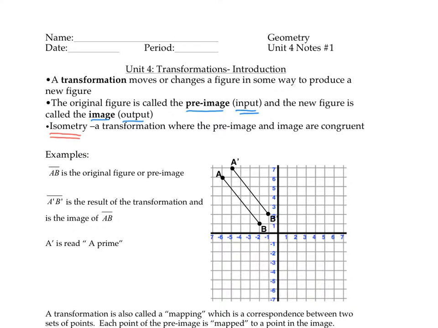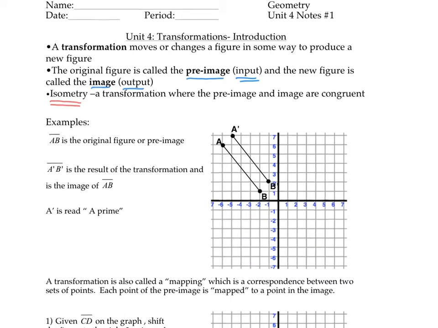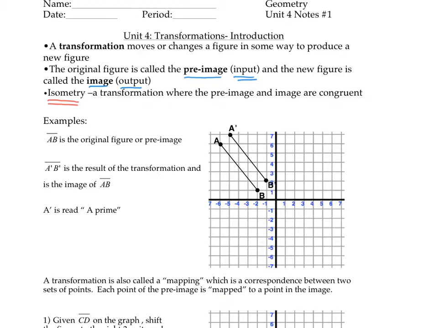So in our first example, if you take a look at the graph to the right, our original figure is line segment AB. And then our line segment AB was transformed or moved and became A prime, B prime. So how you read this little notation, you say A followed by the word prime.